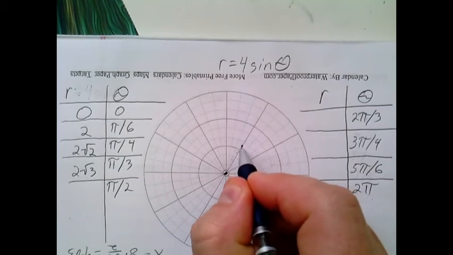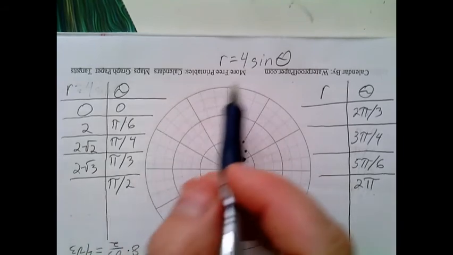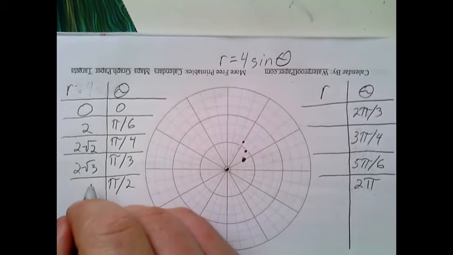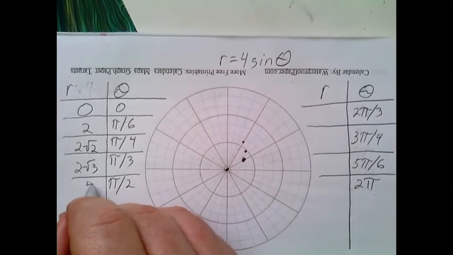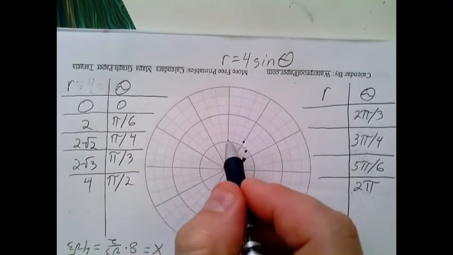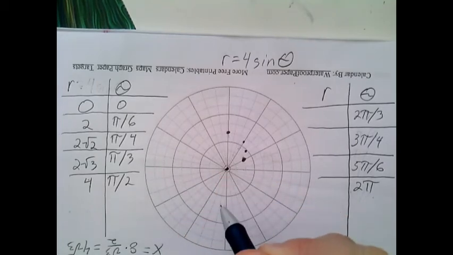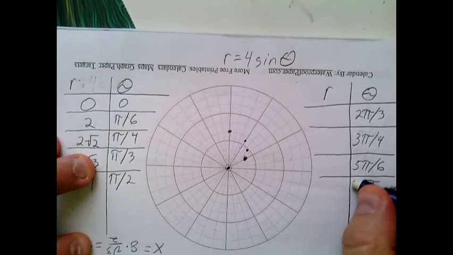There's 3, there's 4, here's 3.5, in between the third and fourth circles. Now at pi over 2, sine of pi over 2 is 1, but when I multiply by 4, I get 4. So up here at pi over 2, I should be here on my fourth circle. Alright, well, let's keep going. That's not 2 pi, that should just be a pi there.